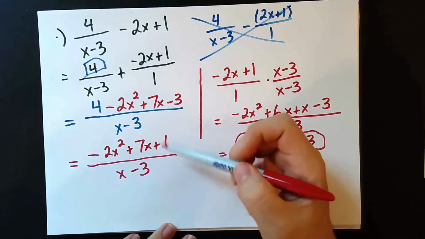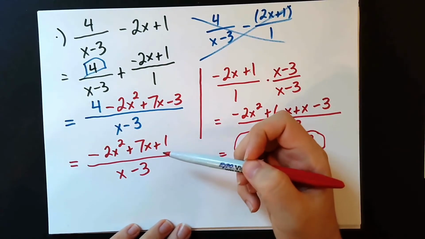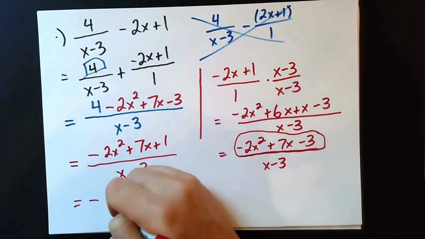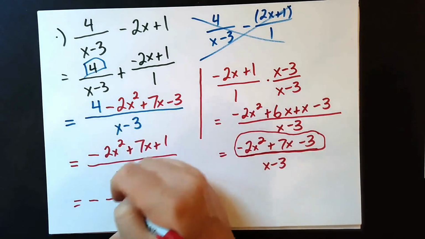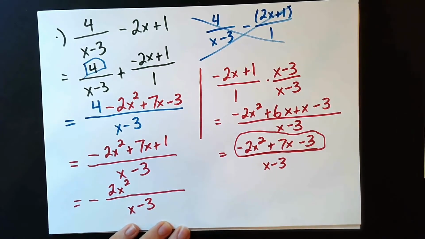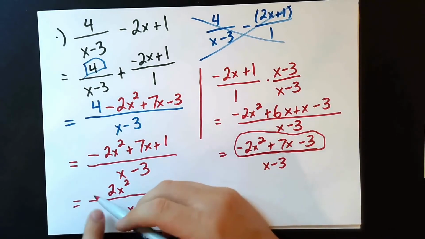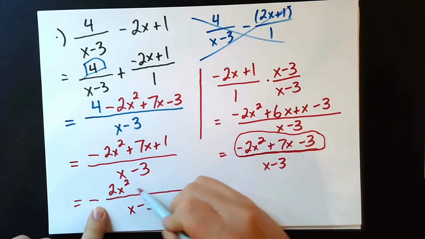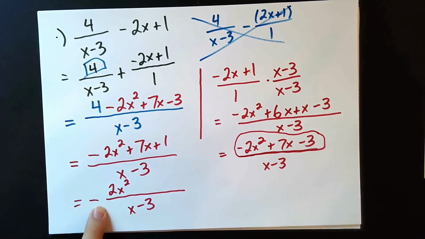This is a perfectly fine way to leave this answer. But I might also prefer to put the minus sign in front, in which case this will be a minus, 2x squared, x minus 3. But note if I want to put the minus sign in front, like what I said earlier, the minus sign is going to apply to every term, not just the first term.